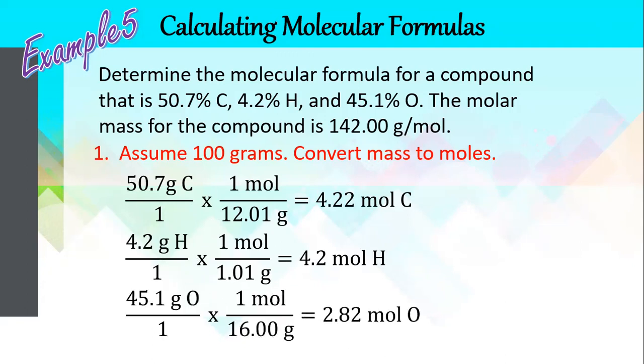We have 45.1 grams of oxygen, and the atomic mass is 16. So this will give us 2.82 moles of oxygen. You have to cancel out all these grams so that your answer is in terms of moles.